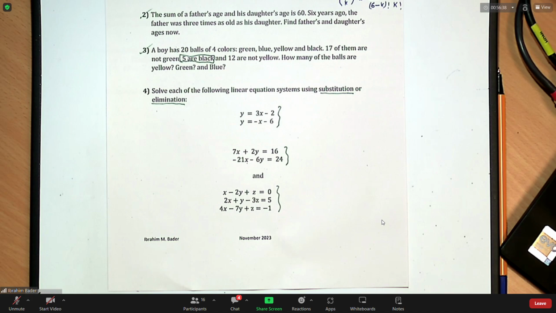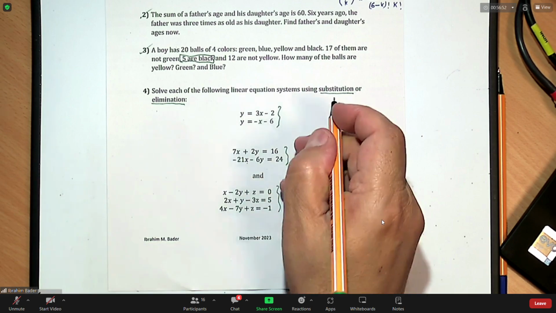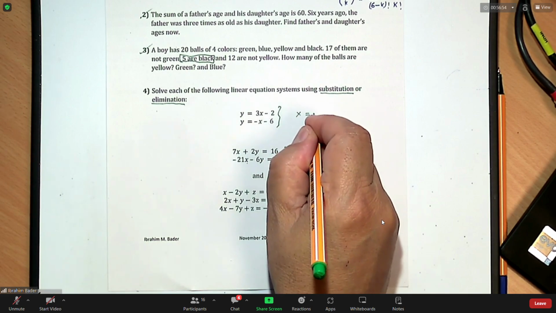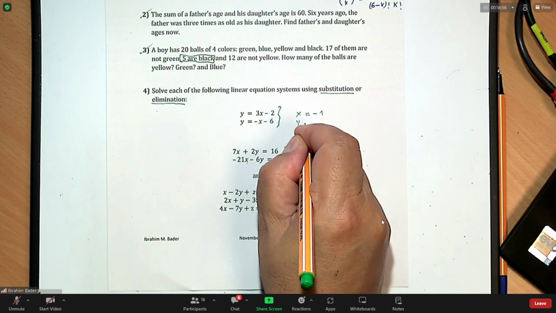Is this -1 or +1? -1, right? So y is -5, right? Yeah. So this one you got x equals -1 and y equals -5.